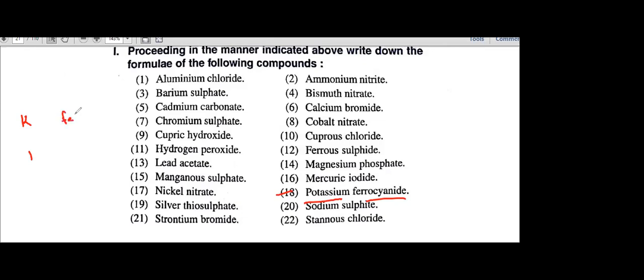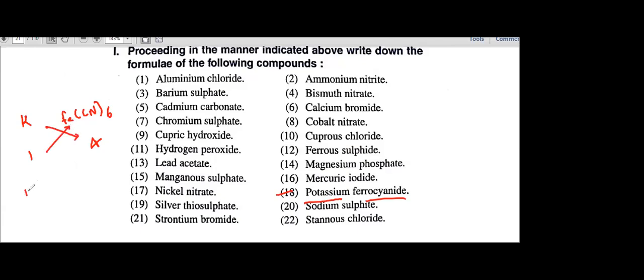Fe(CN)6. And what's the valency? 4. Anyone have any doubt in this? What should be the formula? Cross multiply.